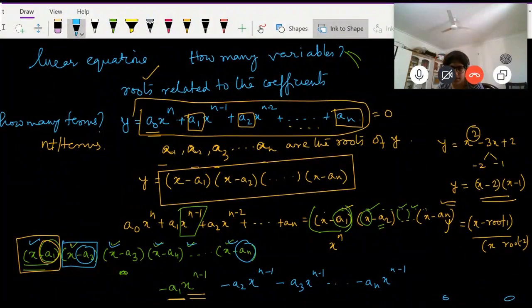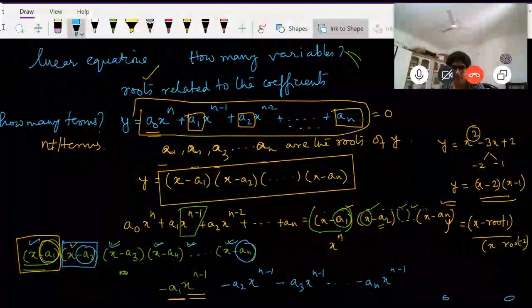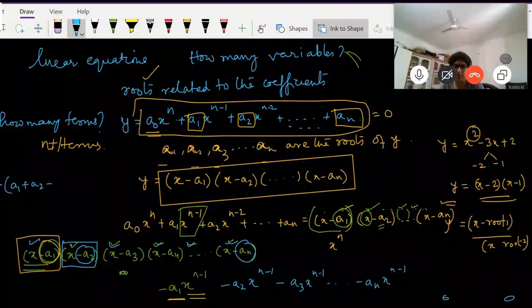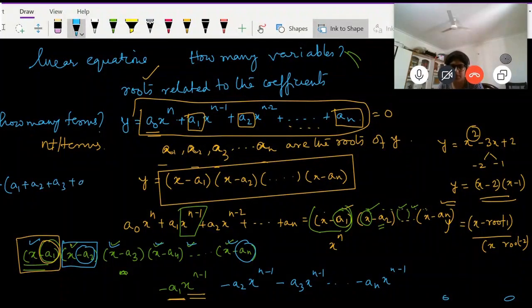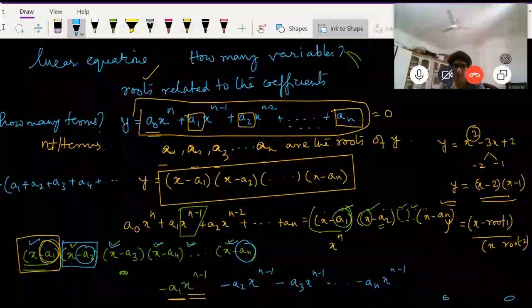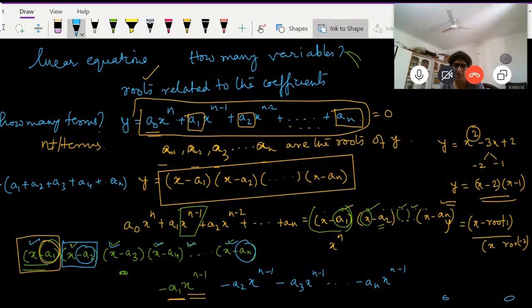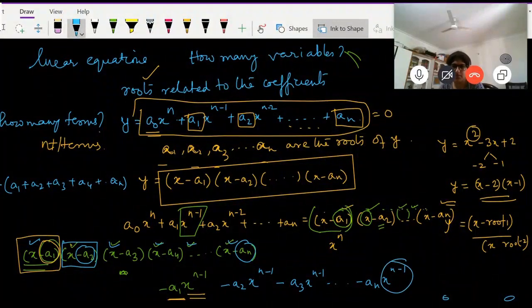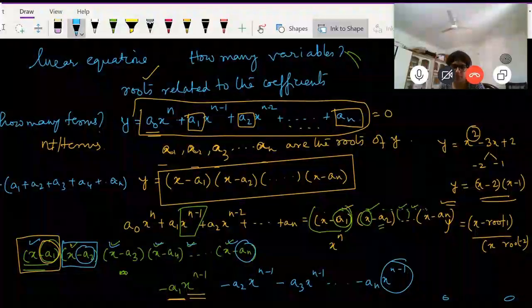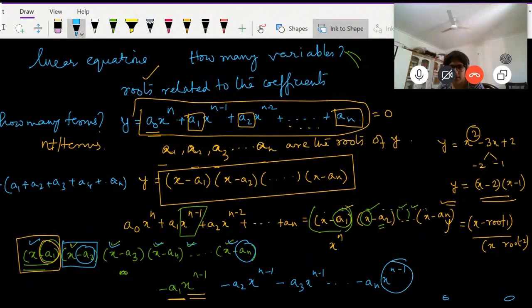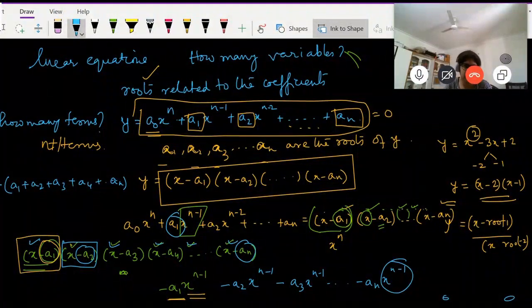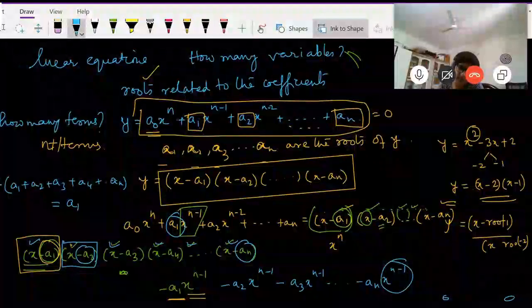Now this means that minus of a1 plus a2 plus a3 plus a4 all the way up to an is the coefficient of x to the power n minus 1, right? And on this side we have a1, which is equal to a1.